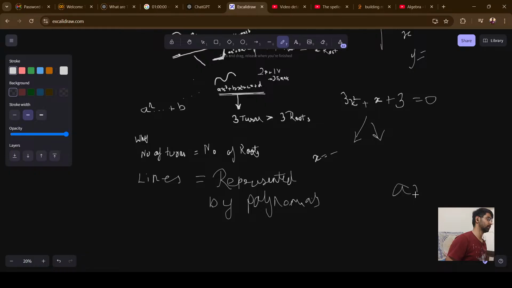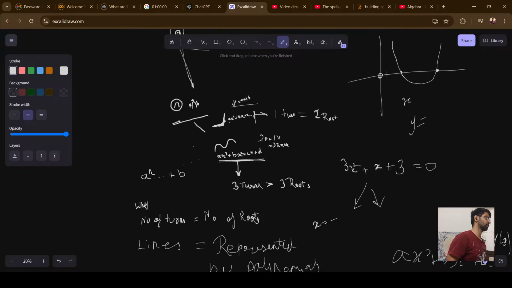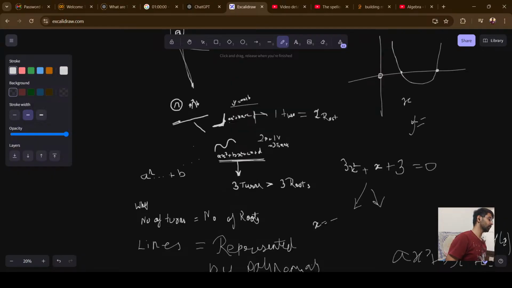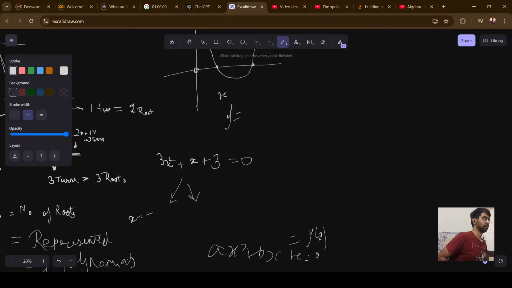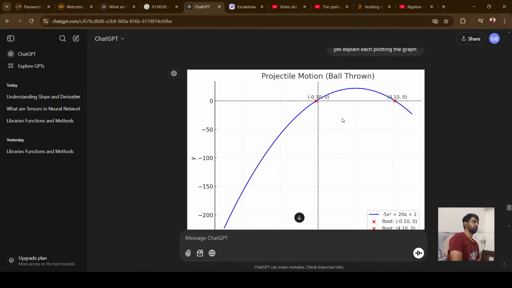Means in this ax squared plus bx plus c equals 0, y of x is dependent on x squared. So it is telling us to find the x points on the graph where the value of y equals 0. Okay, so that we understood.